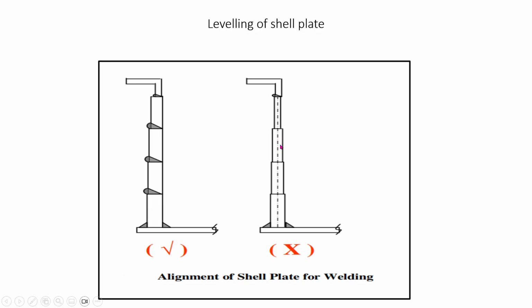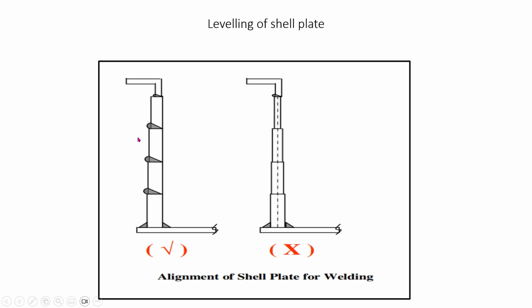But you have to match the inside, otherwise a lot of turbulence will be there, and liquid movement will not be perfect when you are using a floating type roof. If there is up and down, then the floating roof cannot move smoothly. So that's why the inside of all the shells should be matched.